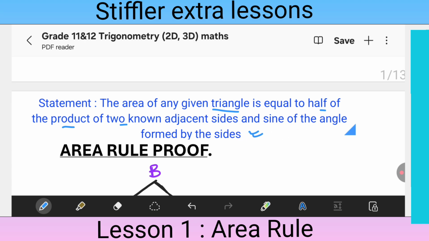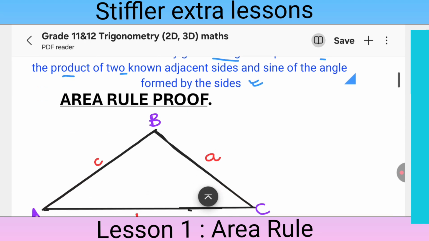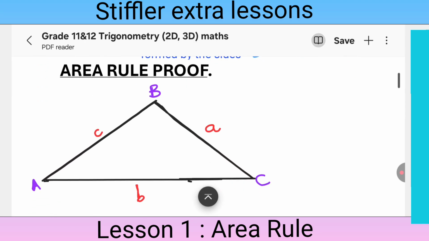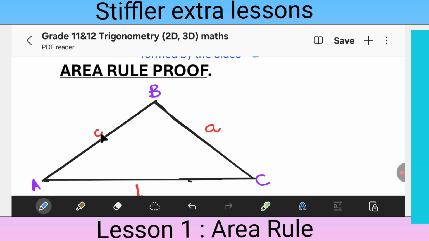Right. So let's see, what does that mean? So this is just simple. It means that the area of this triangle, maybe we are knowing side C and side B there.